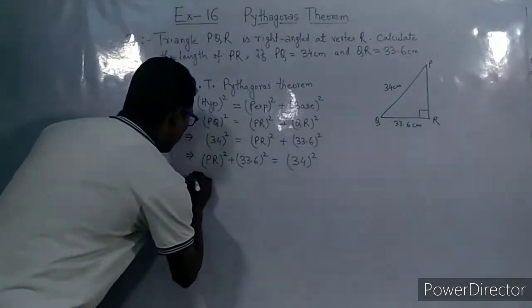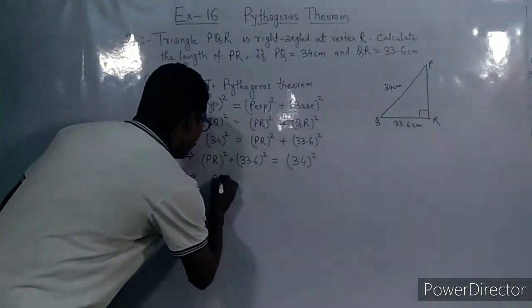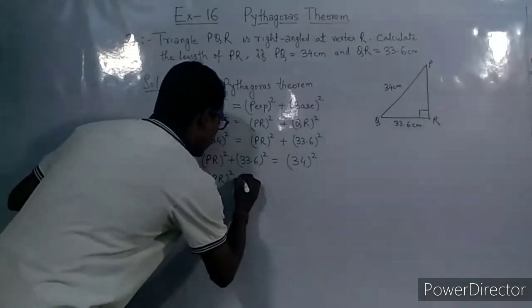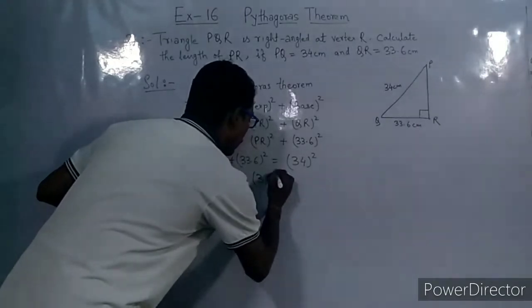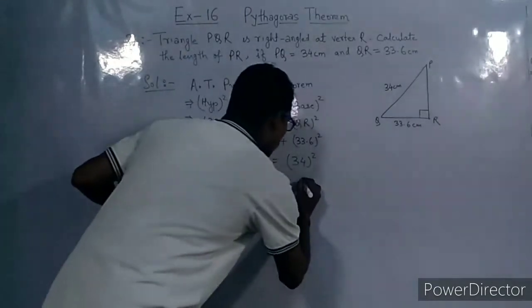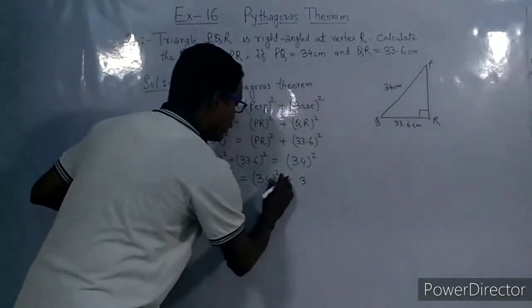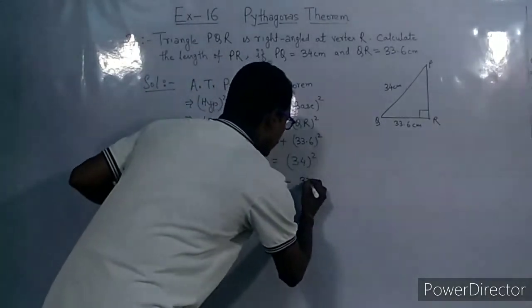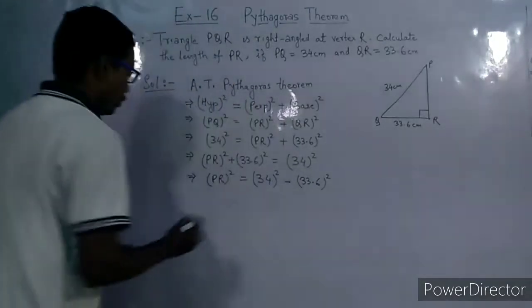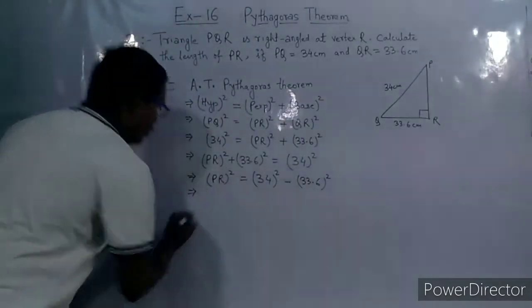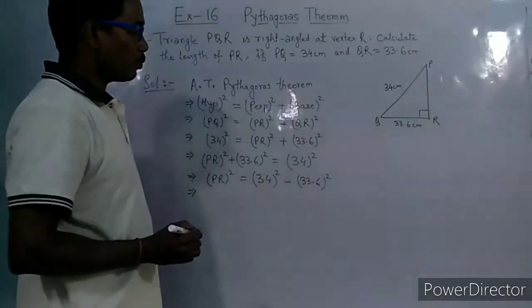So PR square is equal to 34 square minus 33.6 square.